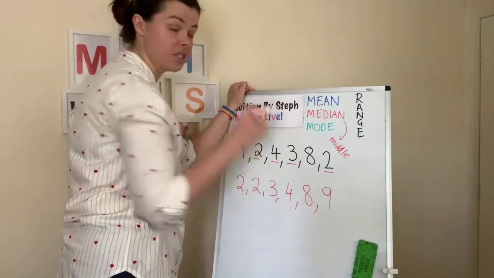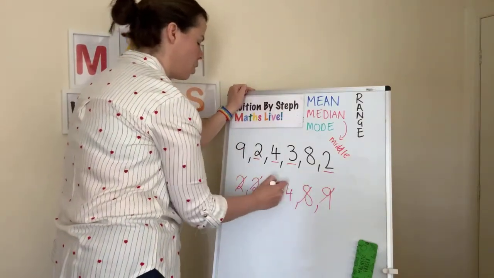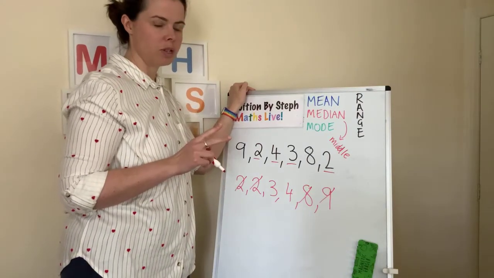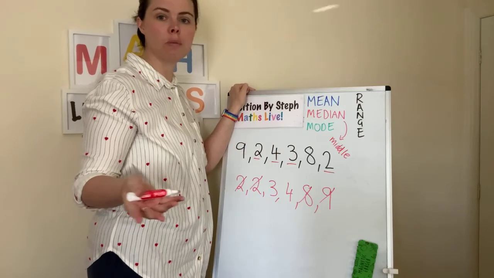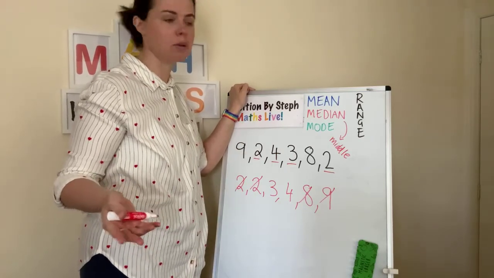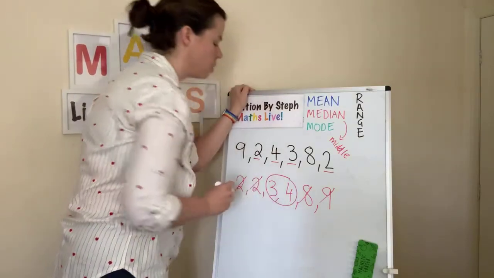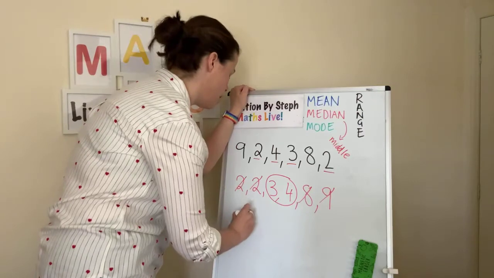Doing well so far. So 1, 1, 2, 2. Oh, there's two numbers. You can have two modes. You can have two numbers or objects that have the same number, but you can't have two medians. So you think, right, well, what do you do if you've got two numbers in the middle? This is what you do. You add them together.